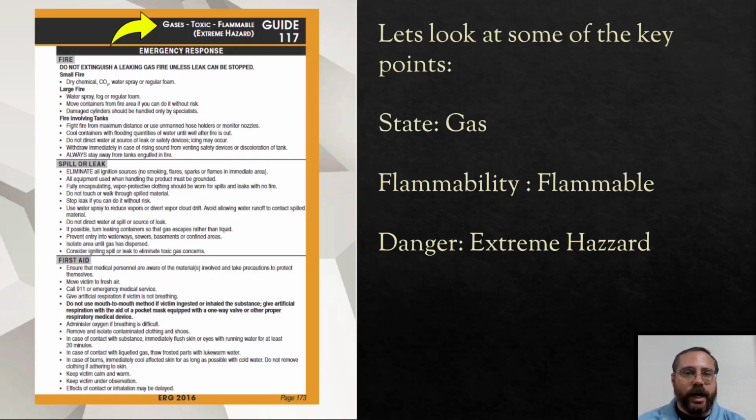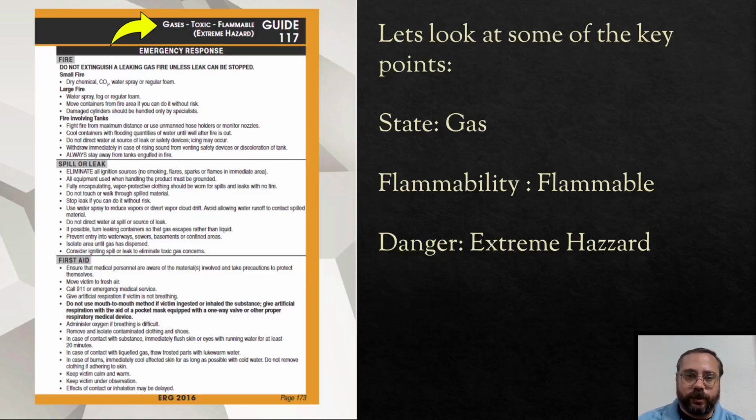Here is guide page 117. One of the first things that we see at the very top: gases, toxic, flammable, extreme hazard. And again, if we look at those key points, what state is it in? It's a gas. Flammability, it's flammable.